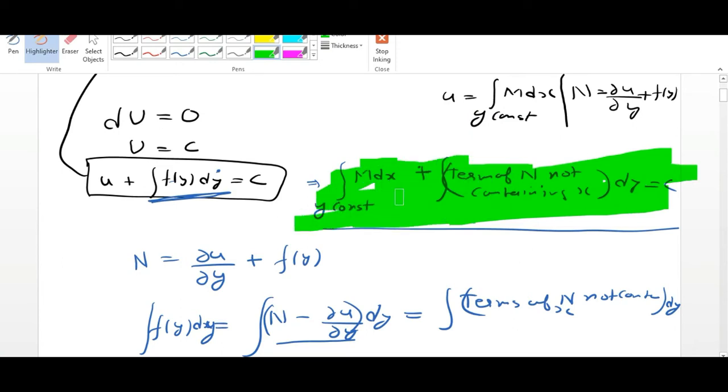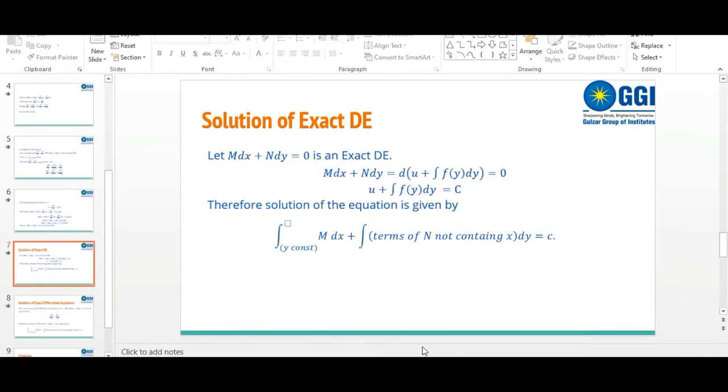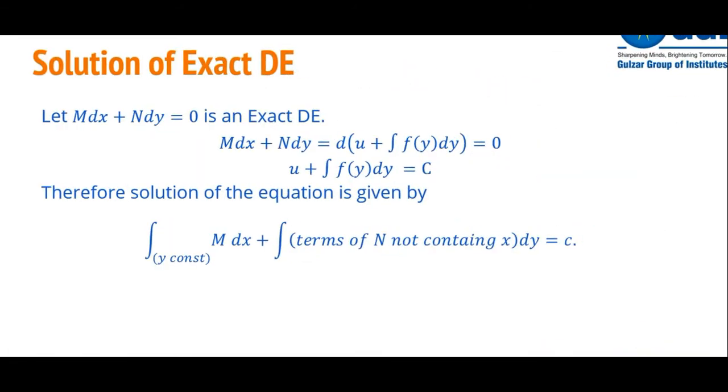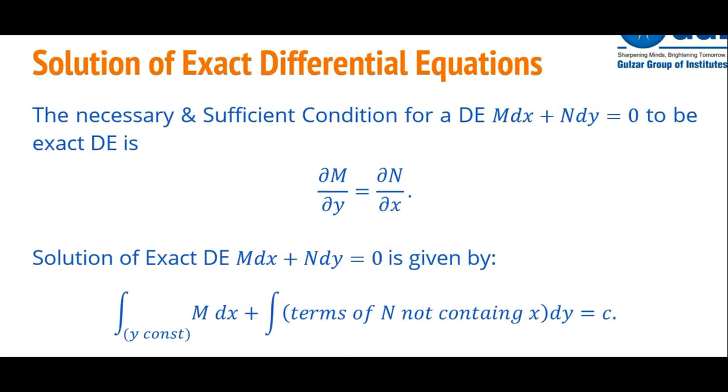Let me see it again. I'm moving to my slides. Whenever you have an equation of the form M dx plus N dy equal to 0, first you will check whether it is an exact differential equation or not. And how can you check?